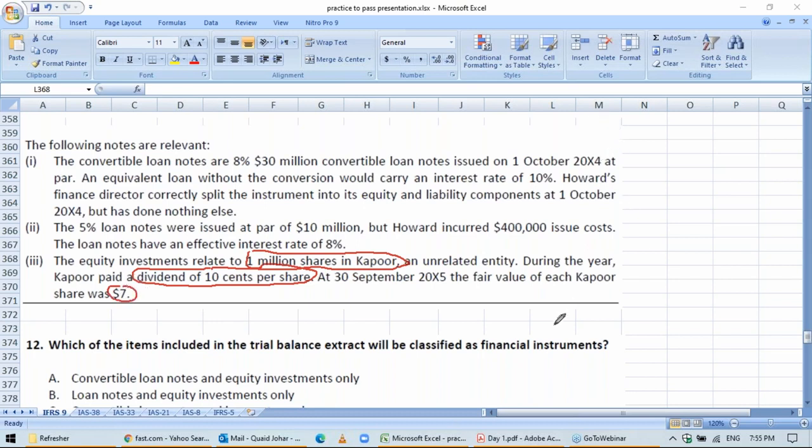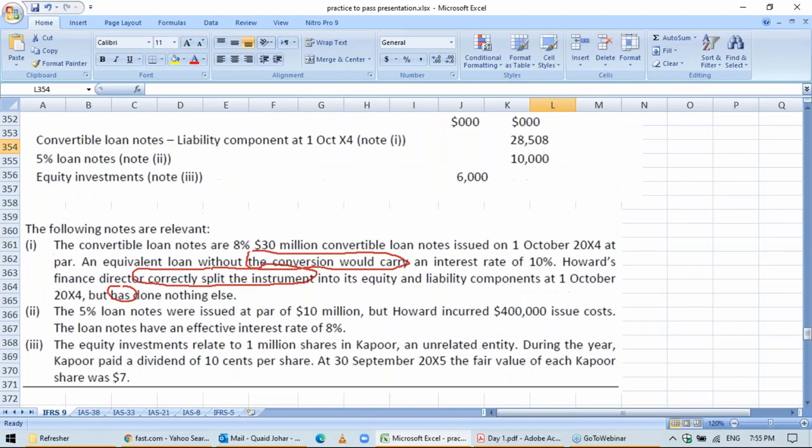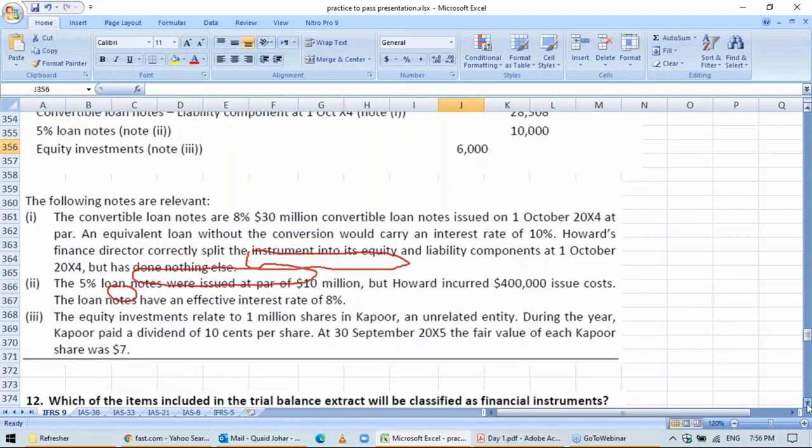Earlier, the investment was initially recognized at 6 million, which is in thousands. The share was of $6, but now it is of $7.